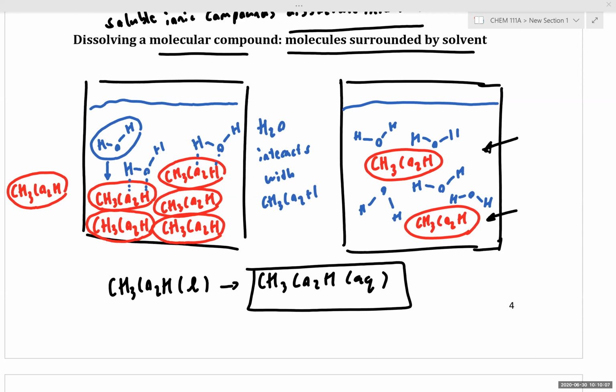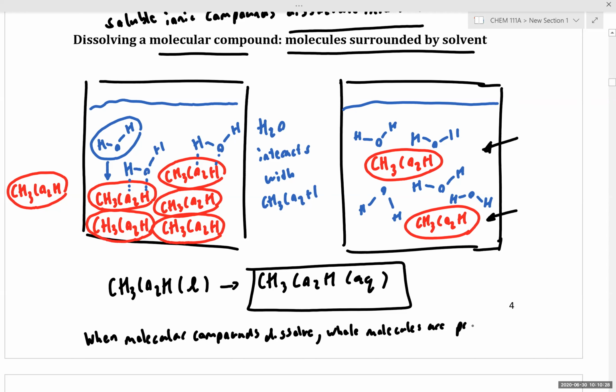So looking at the picture, we see exactly whole molecules. So our takeaway from this is when molecular compounds dissolve, whole molecules are present, dissolved in solution.